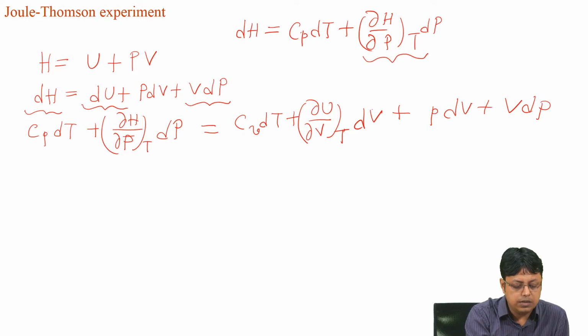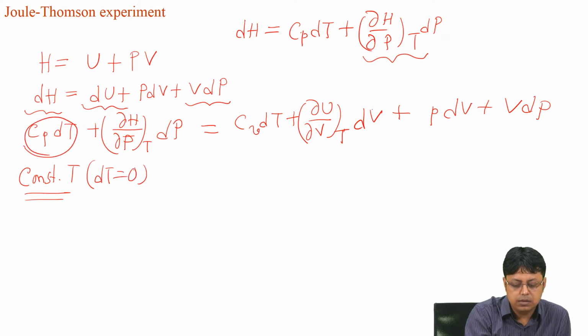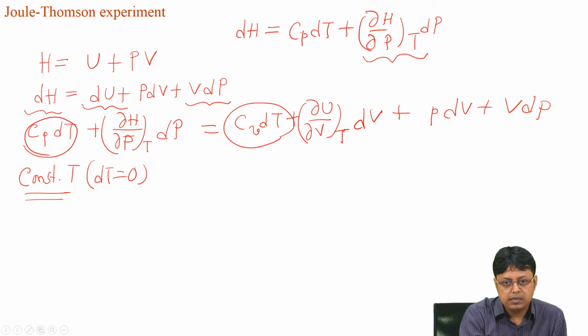Now, consider a constant temperature process. If we have constant temperature, which means dT is 0, these two terms cancel, these two terms become 0.